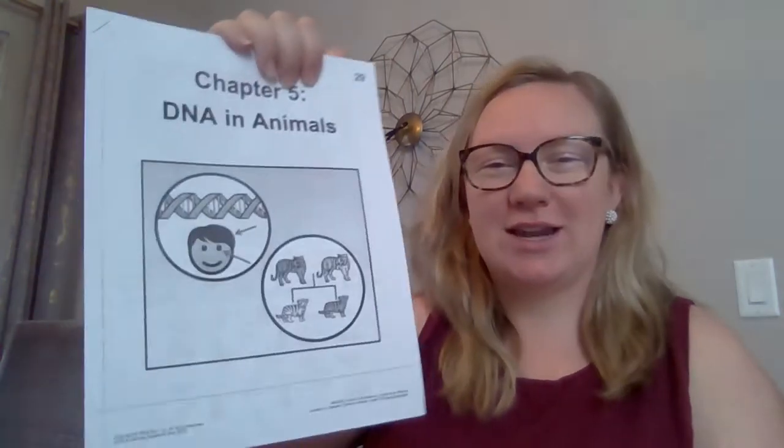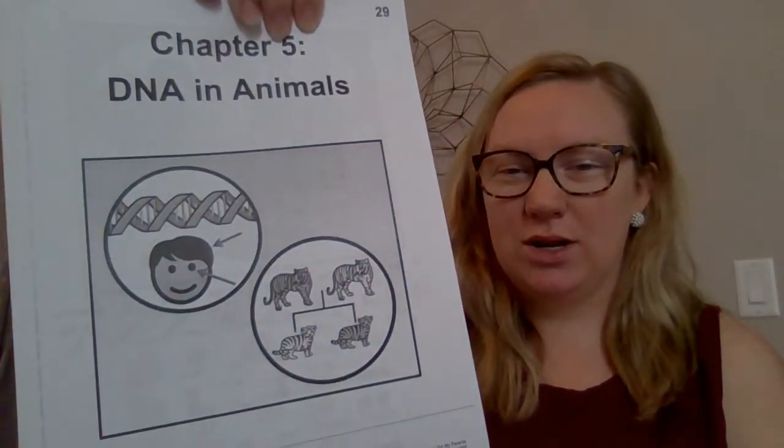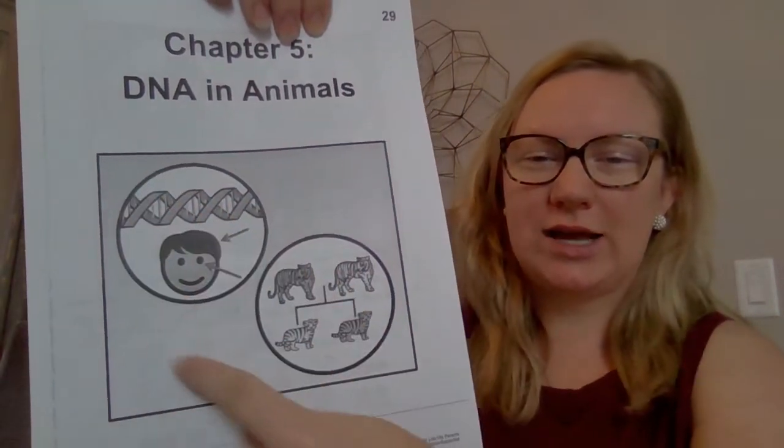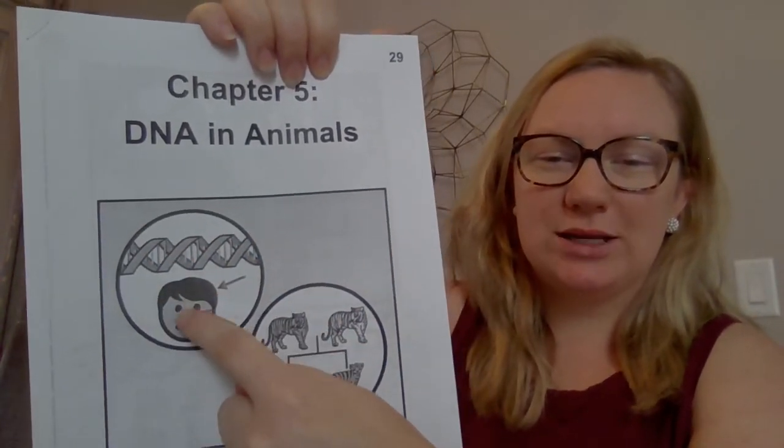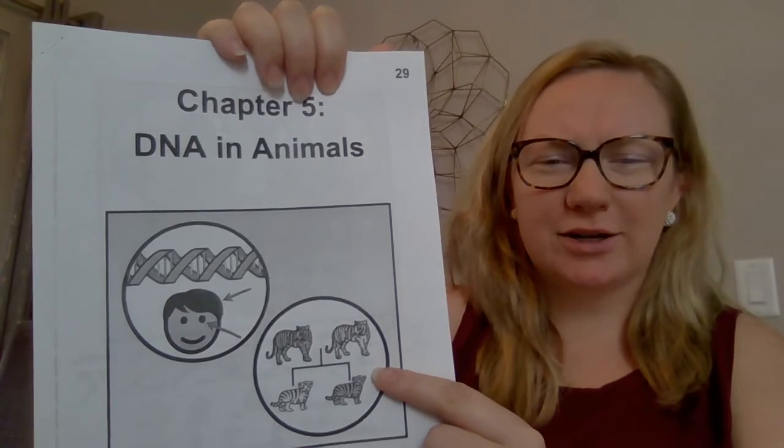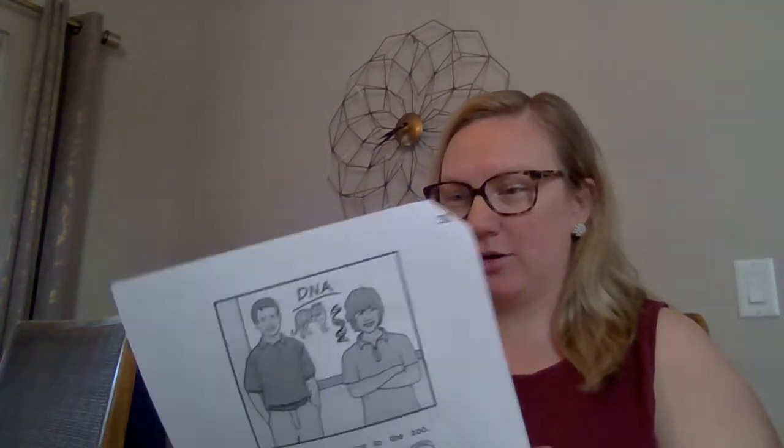All right, so we're going to tuck into Chapter 5, DNA and Animals. Here we go. Our title picture is, again, we're talking about DNA and traits and about tigers. Might need to get some stuffed animal tiger if you've got one, or maybe just make some tiger sounds during this lesson.